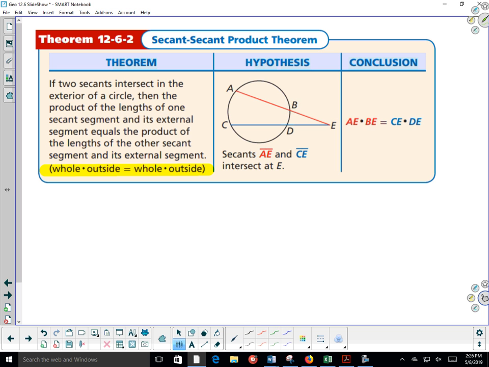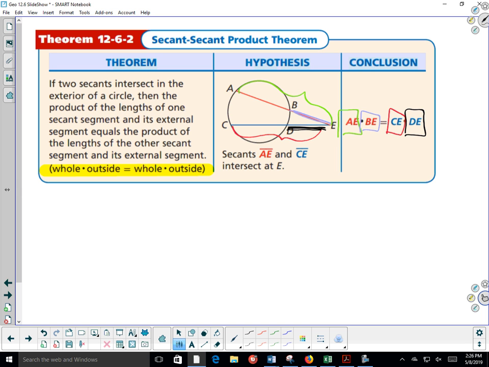All right. So in this case, if we have secant AE and secant CE intersecting out here at point E, then we can find lengths of these segments by using that theorem that says whole, which would be segment AE, times external segment, that's BE, is going to equal whole segment CE times its external segment, which is DE.